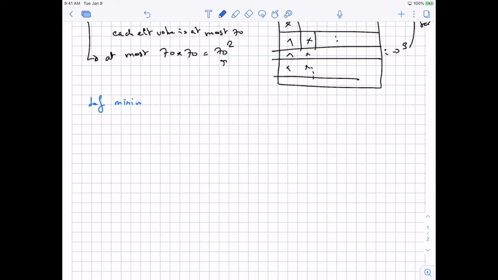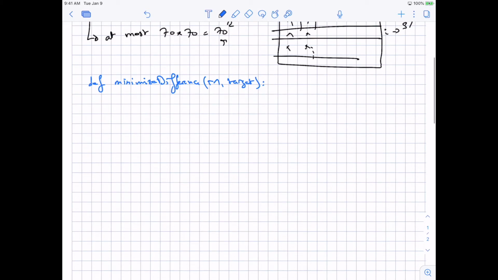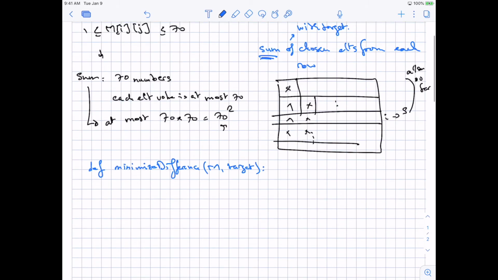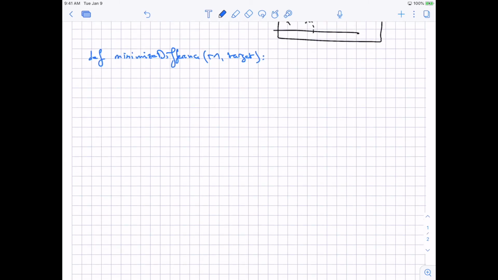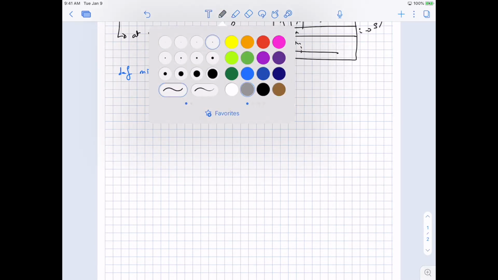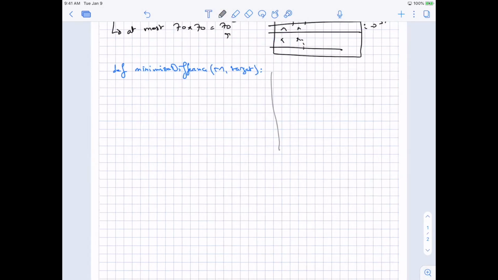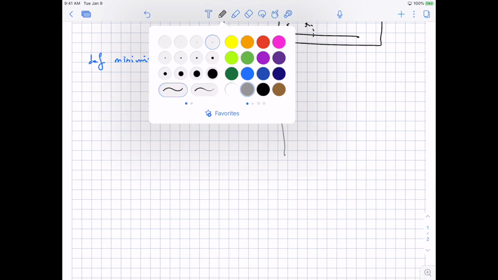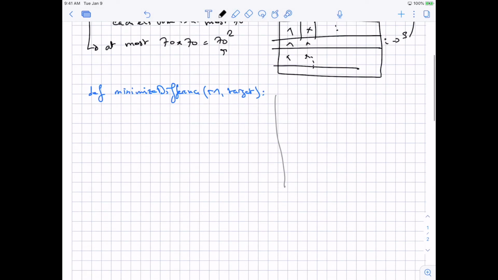So the function would be minimize difference, and we will get a matrix and the target value. What we can do here is keep track of all intermediary sums.